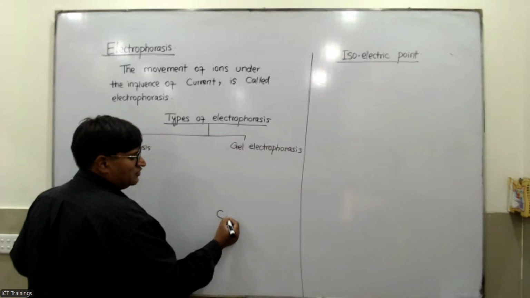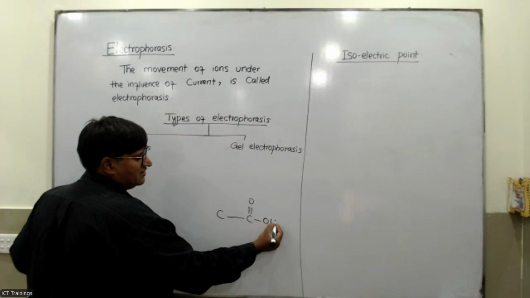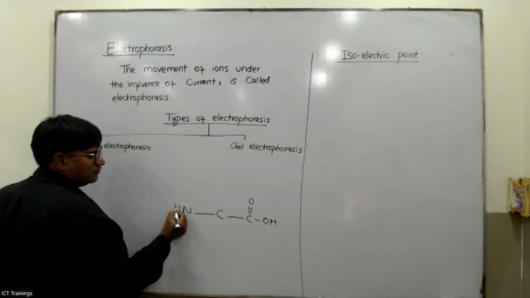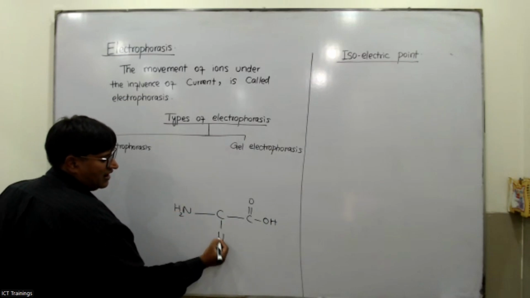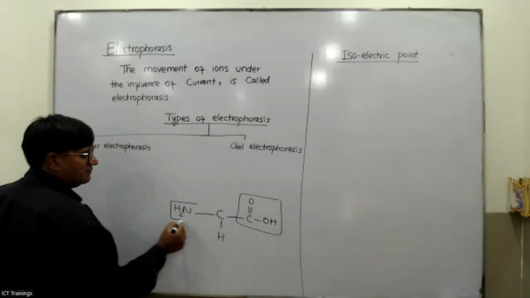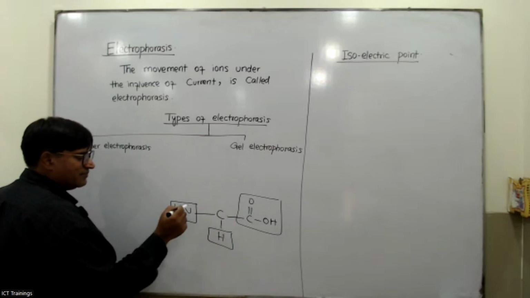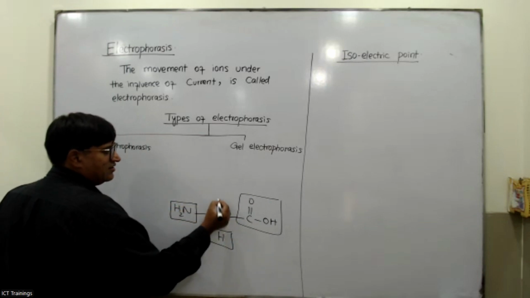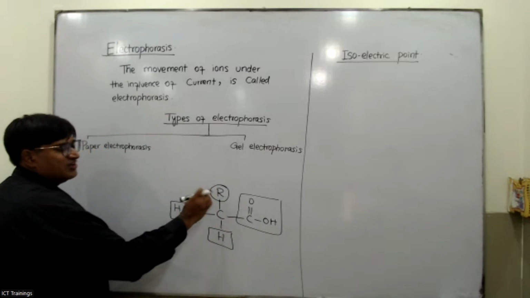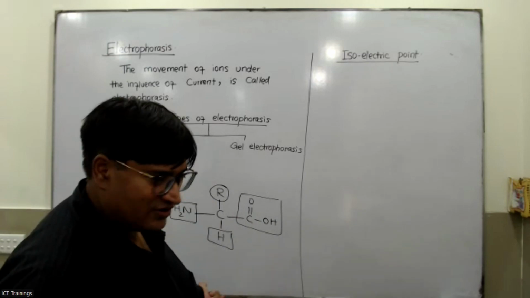In the amino acid, we have the central carbon, carboxylic acid at one end, and an amine group on the other end, and we have hydrogen. So these three groups are the same for every amino acid. On the fourth side we have the R group. Due to change of this R group, there are 22 different kinds of amino acid.